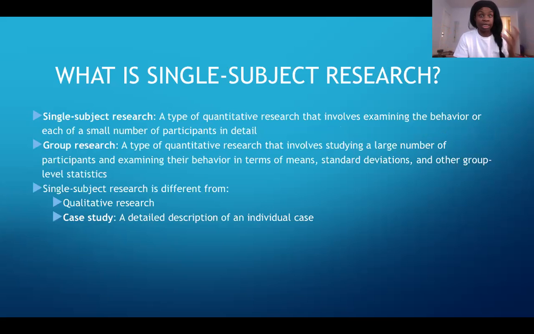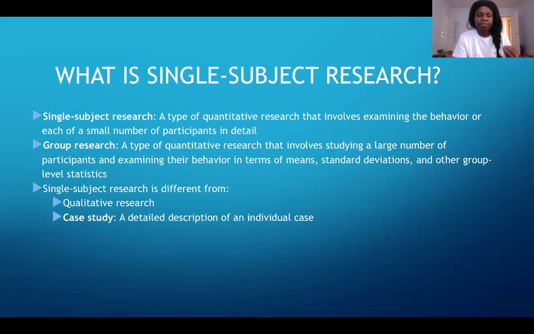So before we get into what single subject research is, I do want to go over briefly what the entire chapter is going to go over, okay? Most of Paul Price's book is about group research. So we went over non-experimental research, experimental research, complex research designs, and we went over multiple types of each one.